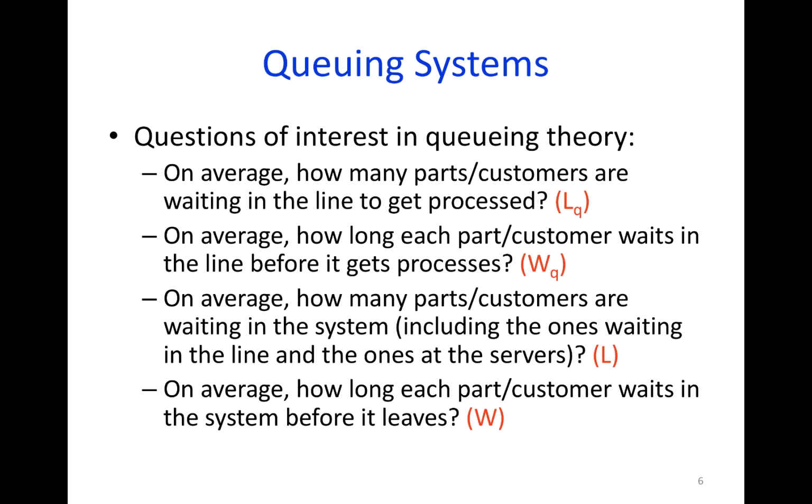If you look at the question of how many parts or customers are in the system in general, not only the ones waiting in the queue, but also the ones being processed, being answered, that's what we call L, the length of the queue in the whole system.